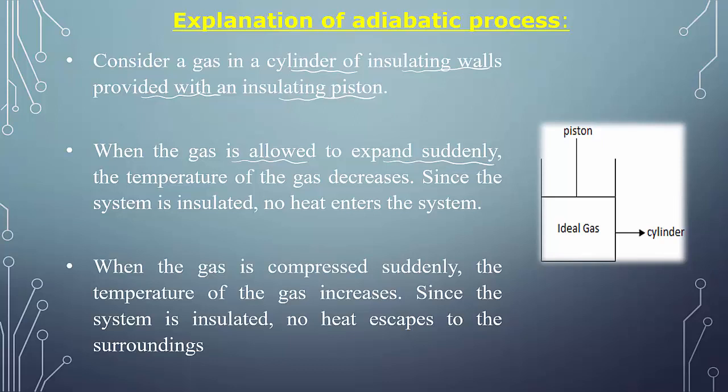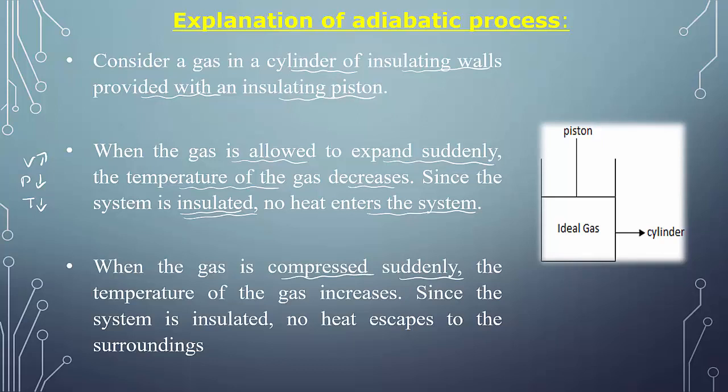Since the system is insulated, no heat enters the system. All the three variables undergo a change, but there is no exchange of heat energy. So temperature changes here. All the three variables are changed.